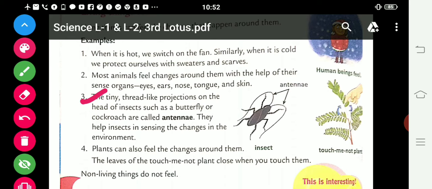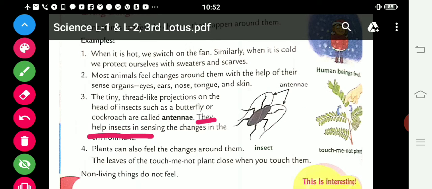Some insects have teeny threads, like the cockroach. Projection means ऊपर उठा हुआ, क्या रखते हैं? Thread. इनको क्या बोलते हैं? We say this is the antenna of a cockroach. This is the antenna of a butterfly.